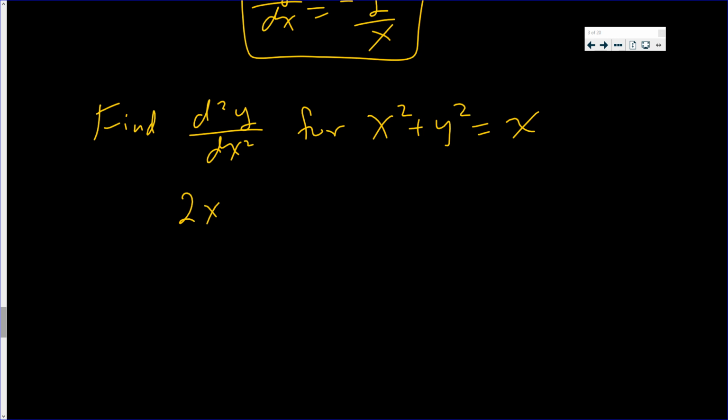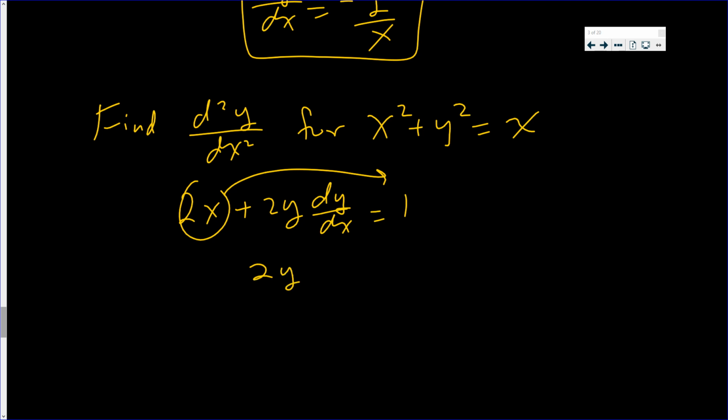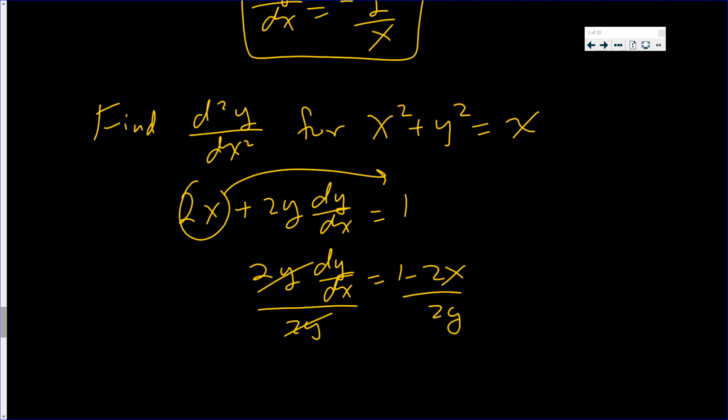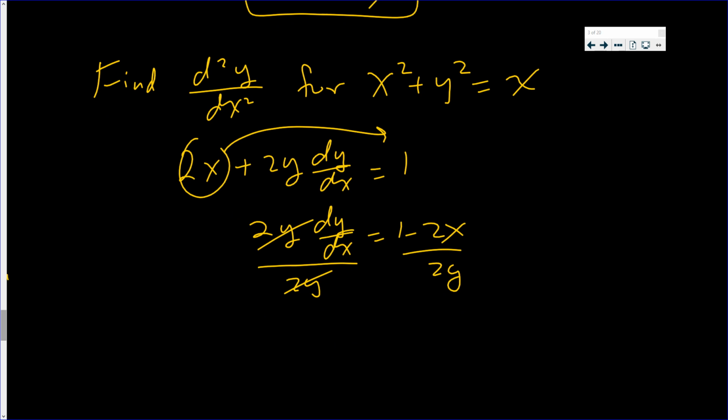So you have 2x plus 2y dy dx equals 1. Bring this to the other side, and you have positive 2y dy dx is equal to 1 minus 2x. Divide by 2y, and now you know that dy dx is equal to 1 minus 2x over 2y.